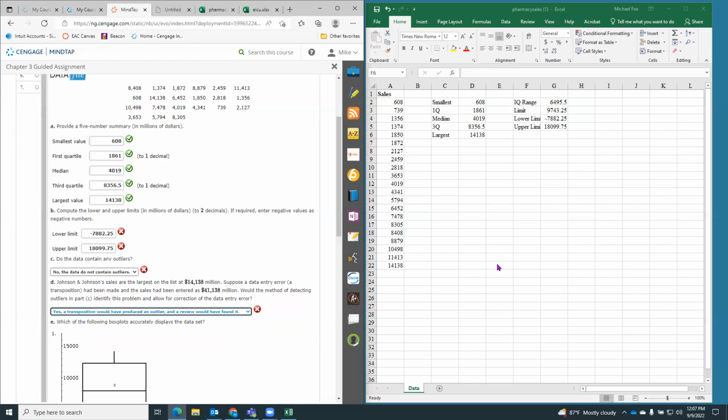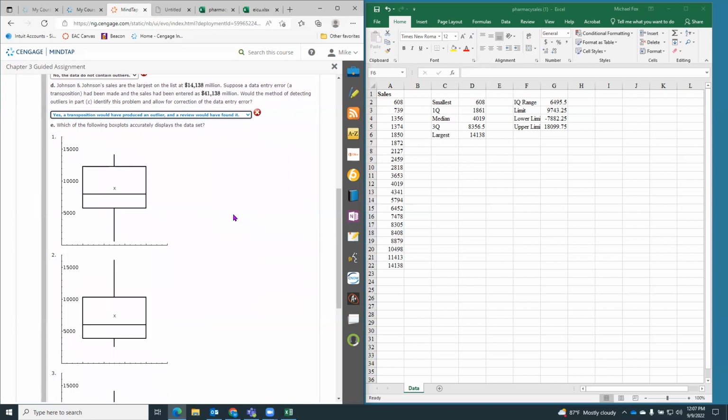We usually look for outliers so that we can figure out if they're an error or if there's something else going on. Part E, we're supposed to choose which box plot most accurately displays our data set. And so just knowing how to read a box plot helps. So the line in the middle is the median.